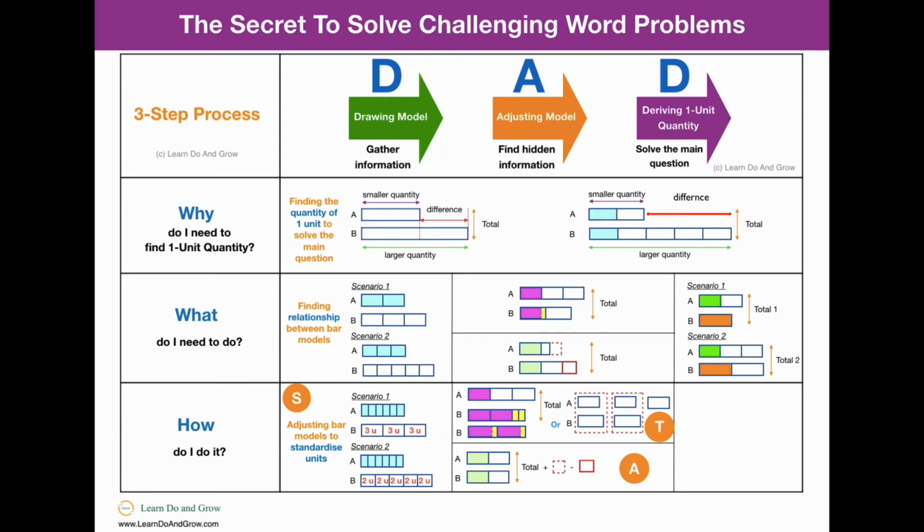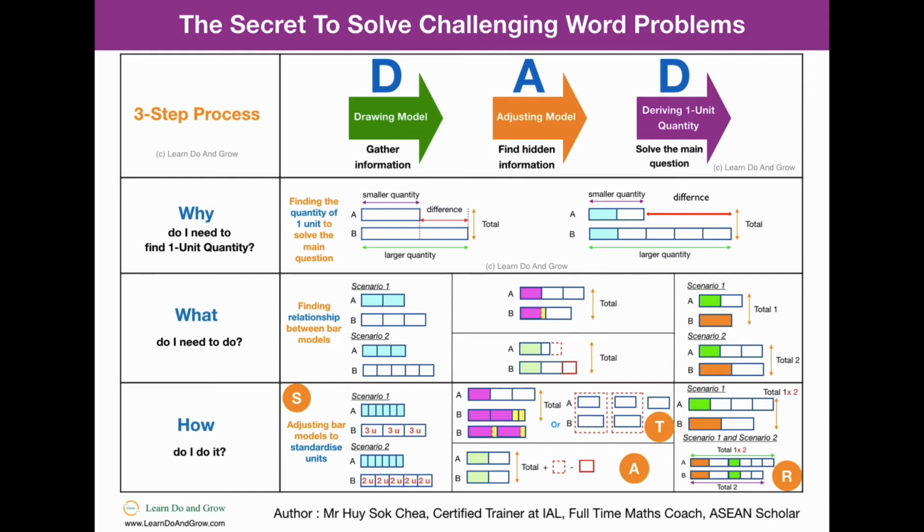The last one is this. It is a bit difficult to compare between A and B. So the last strategy is we eliminate one. In this case, look at scenario 1.